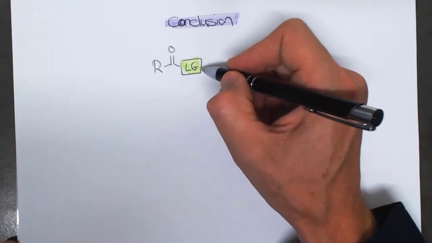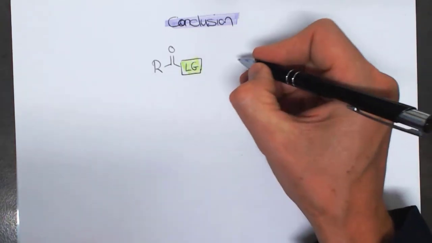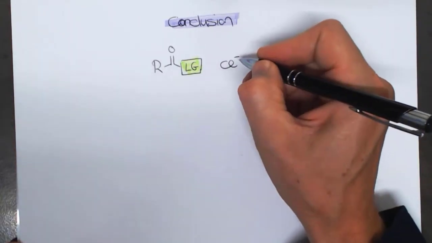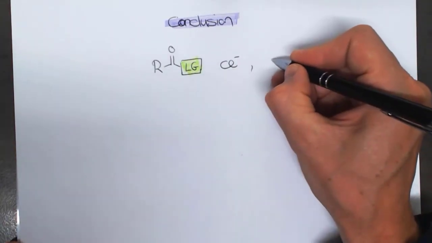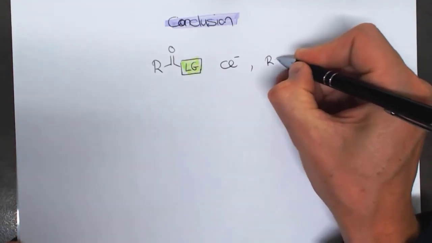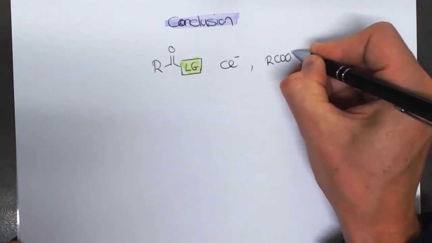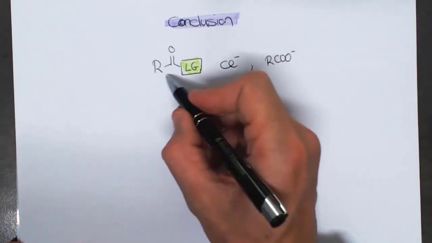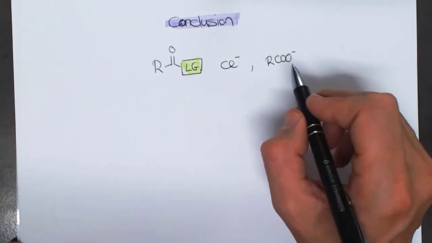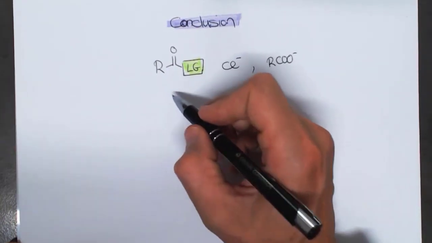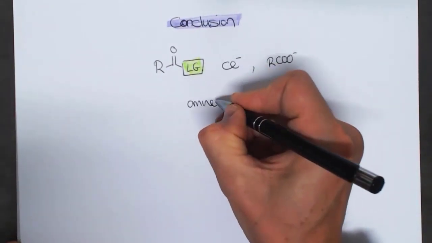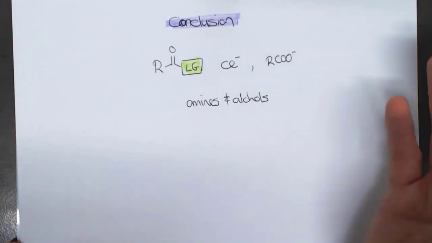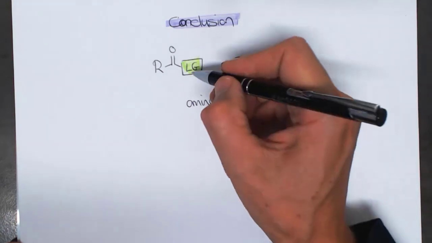But when we put a good leaving group over here, and we've looked at Cl-, very, very common to make the acid chloride, or the carboxylate, so it's an RCOO-, so carboxylate, that would make an anhydride. When we have things like that, these are very good leaving groups, and it allows us to use weak nucleophiles, such as amines and alcohols, which then we can do these reactions under very mild conditions.